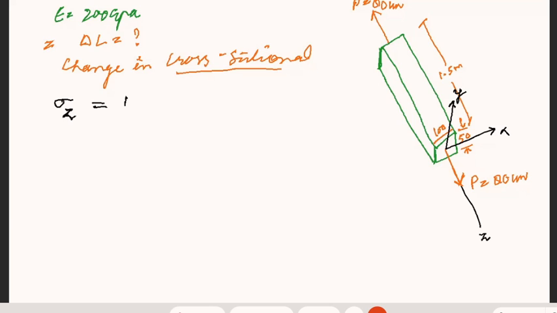It will be simply load per unit area, and you know how much the load is. It is 80 kilonewton, 80 into 10 raised to the power of 3 newton, divided by area. How much is your cross-sectional area? As you can see, we have a cross-sectional area of 100 mm and 50 mm. We can bring that to pascals, newton per meter squared also. So 0.1 meter.